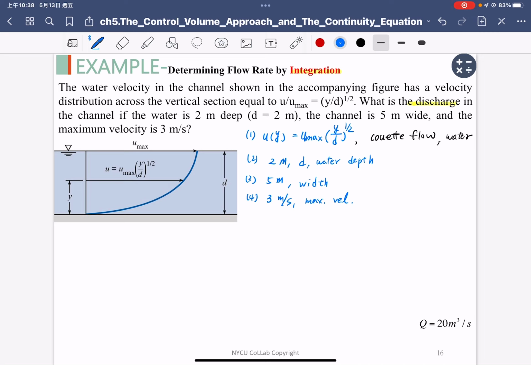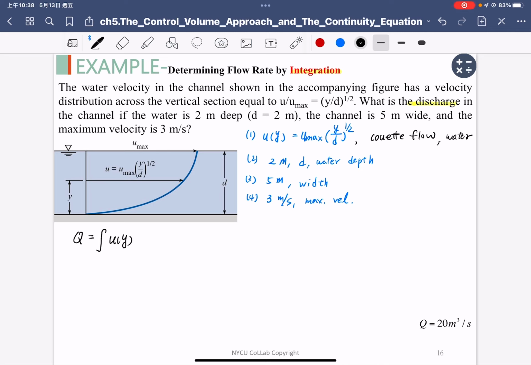Because the velocity function is not a uniform flow, if we need to answer how large the discharge is, we need to go back to our governing equation: Q equals the integral of the velocity function times dA.